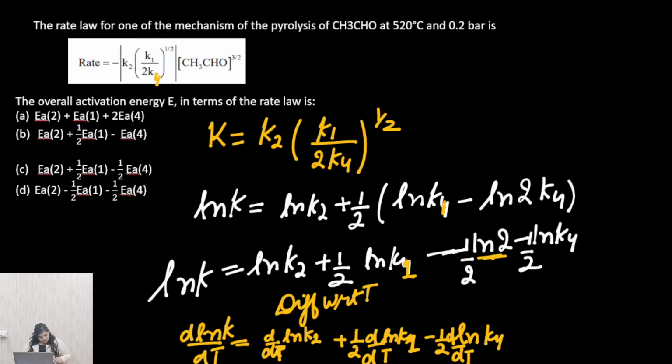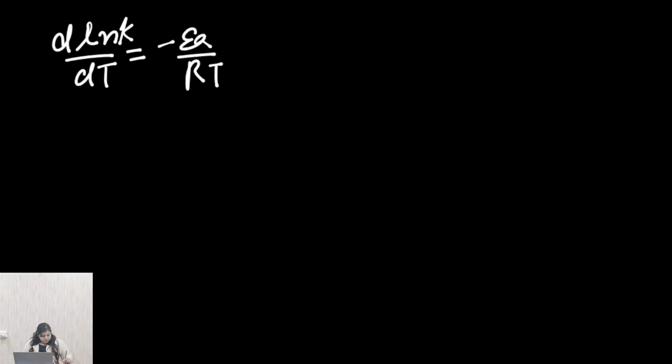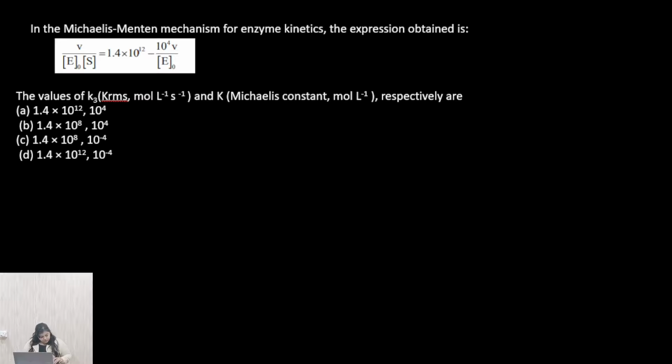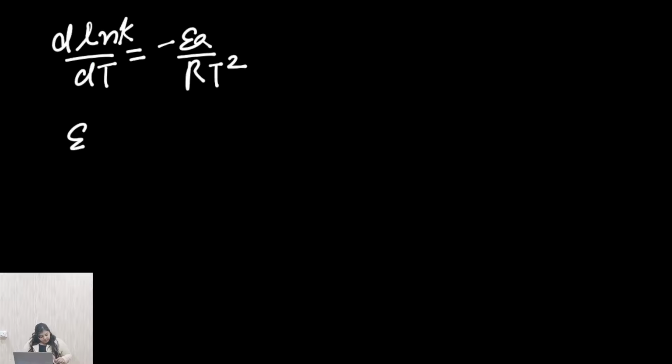Now we know this according to the Van 't Hoff equation, that d of natural log of K by dT is equal to minus Ea upon RT square. So substitute this in the above expressions. So we will be having activation energy of the overall upon RT square, with a negative sign.